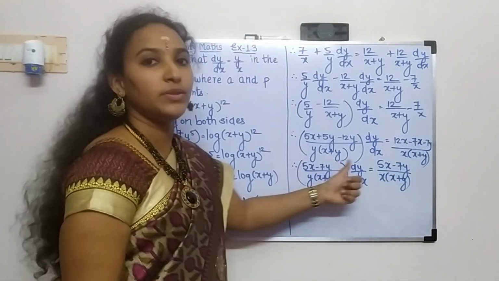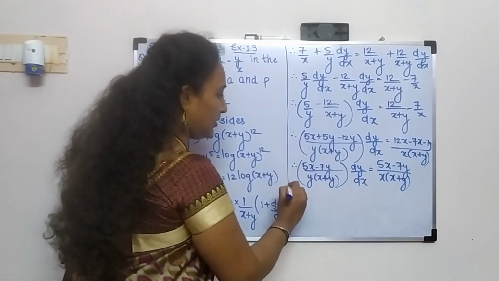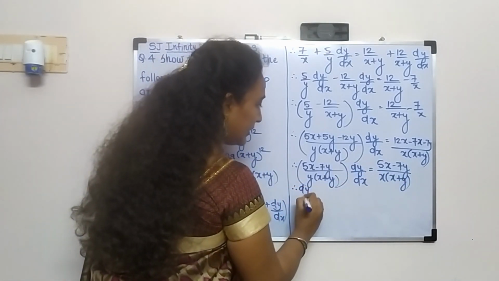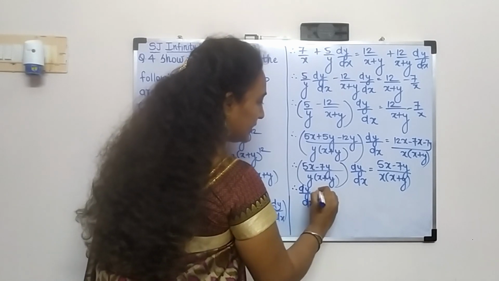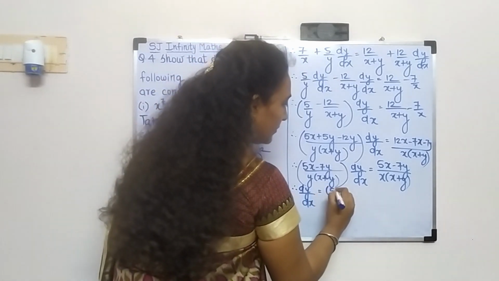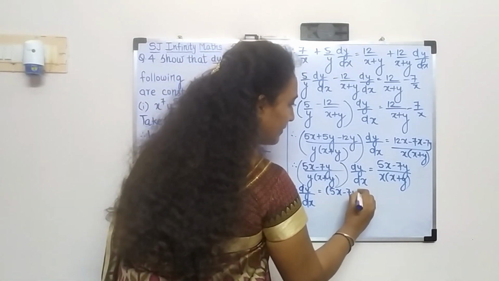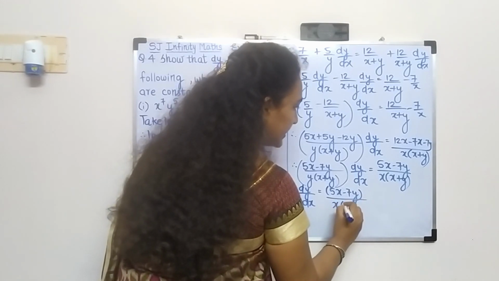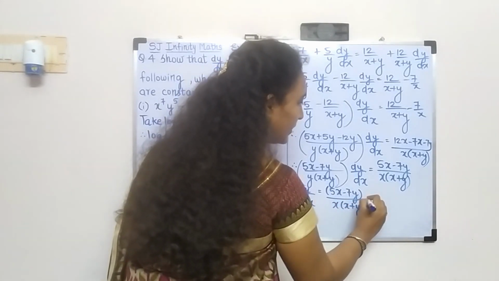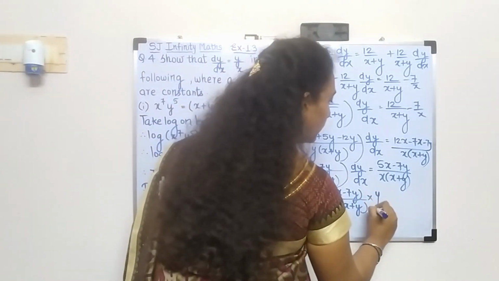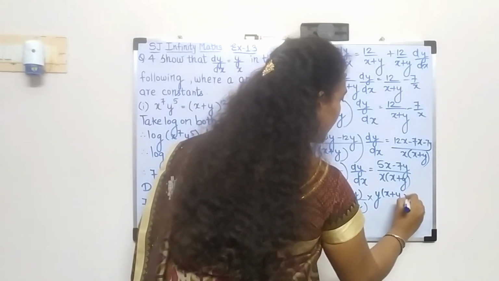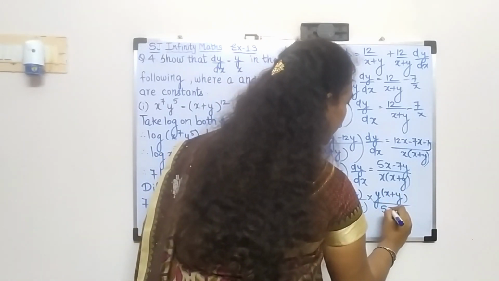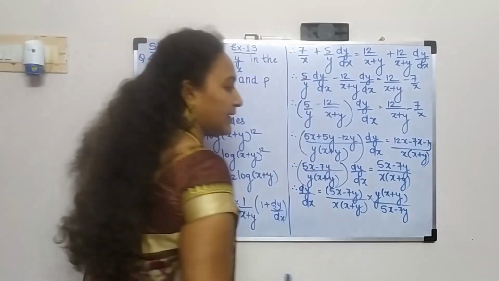Let us take this to the RHS. Therefore, dy by dx is equal to 5x minus 7y upon x into x plus y, multiplied with y into x plus y upon 5x minus 7y.